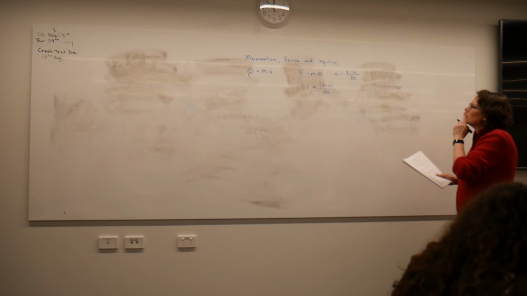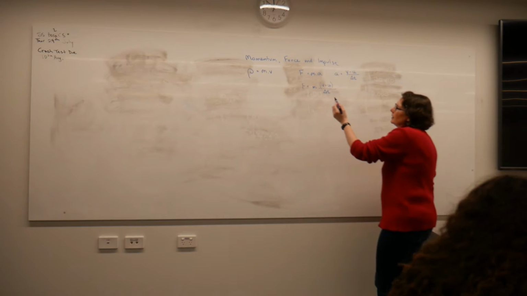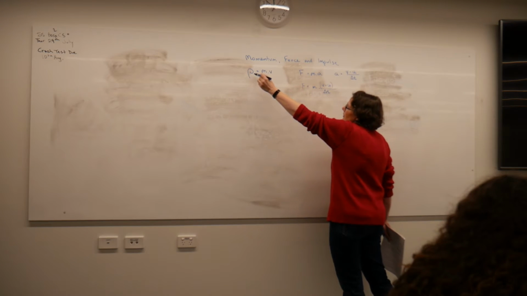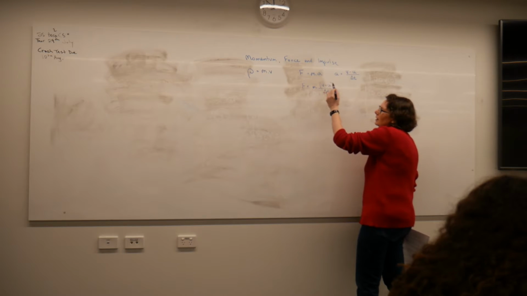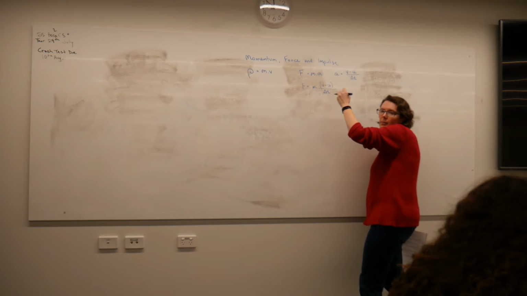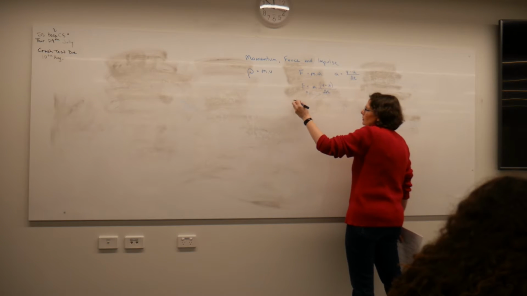So what we do here is, if we think that momentum is mass times velocity, then we've almost got something that looks like momentum here now. What we need to do is move the time over here.